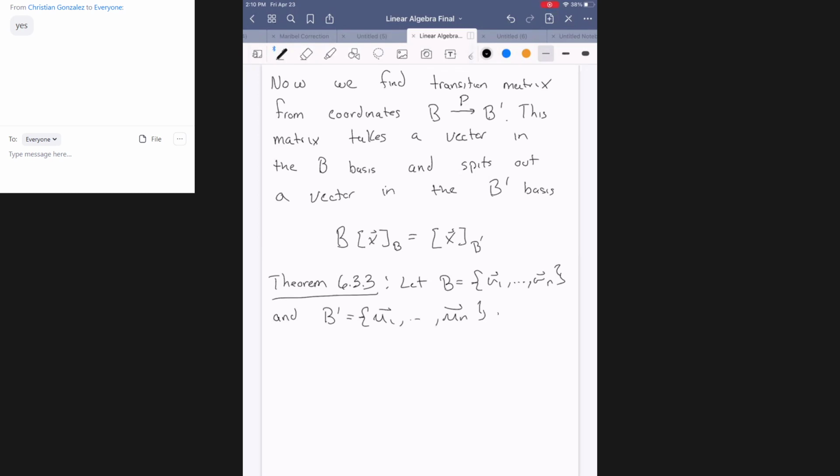So if we have that V1 is equal to C1 U1 plus all the way to Cn Un, and you continue this for each one.